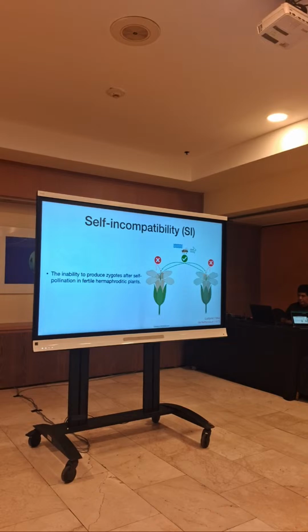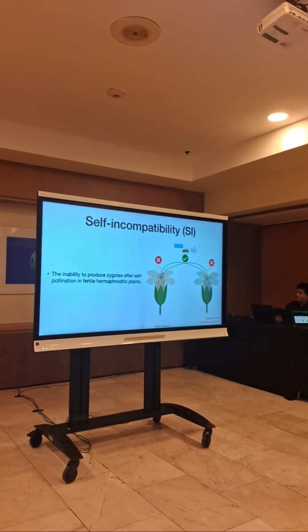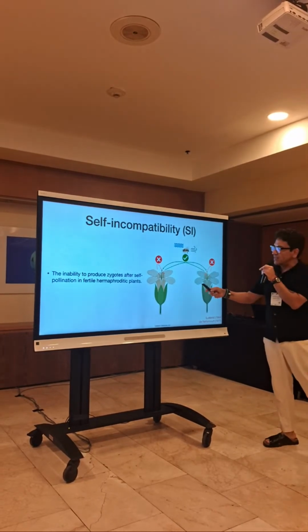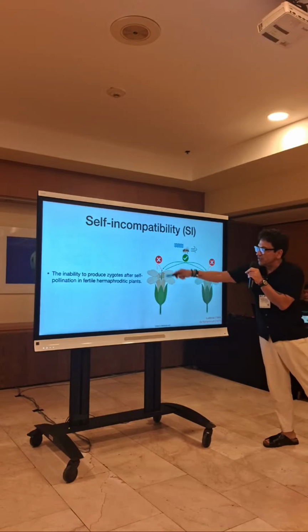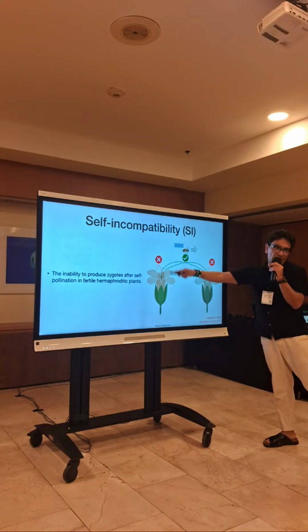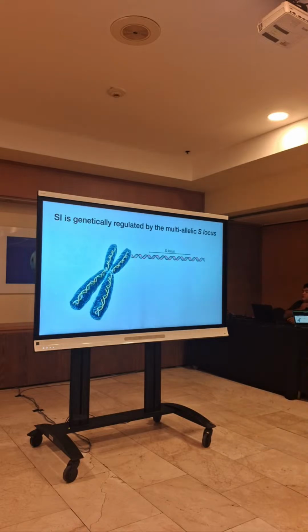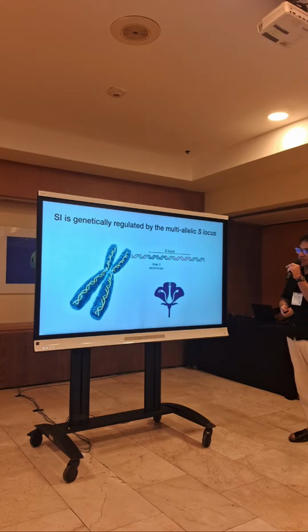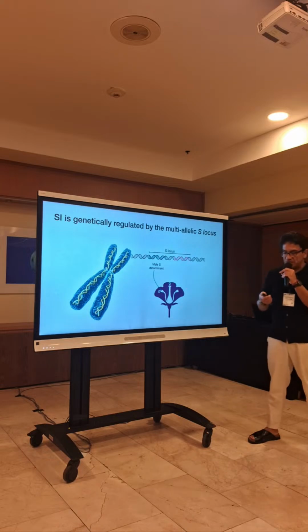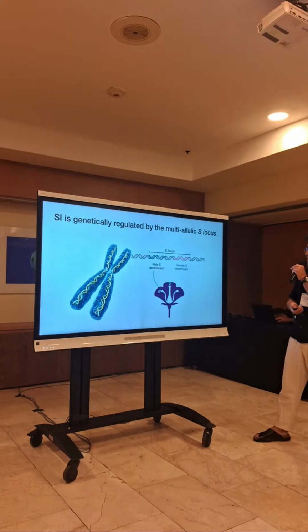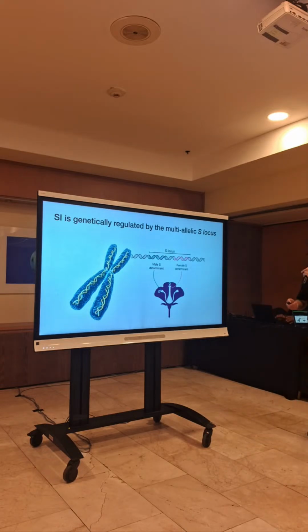So this is a discriminatory system that recognizes and discriminates between self-pollen to inhibit it and cross-pollination to promote fertilization. So this one is genetically regulated by the S locus, where the male determinant is located and is expressed especially in the male organs, and the female determinant in the female organs.